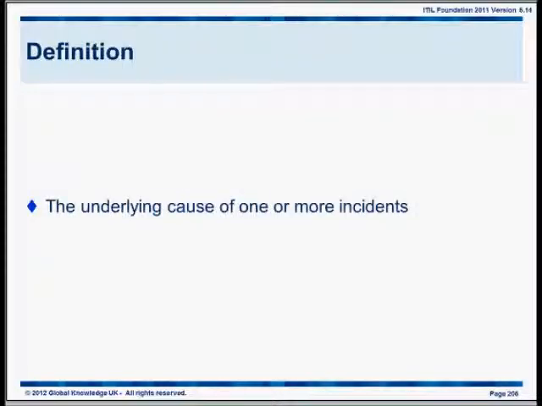A problem is the underlying cause of one or more incidents. So, the problem is the cause of an incident. The root cause of an incident is a problem. That's why the problem management team is trying to resolve the problem to prevent incidents from happening, because when you eliminate the cause, the incident itself will not happen.